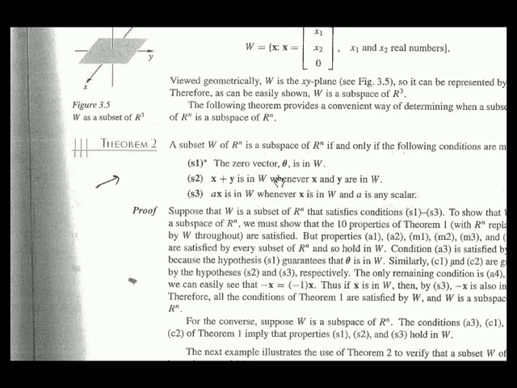Any plane through the origin is a two-dimensional subspace, and the whole R3 is a 3-dimensional subspace. And we'll find those are the only subspaces of R3: the origin, lines through the origin, planes through the origin, and the whole space.